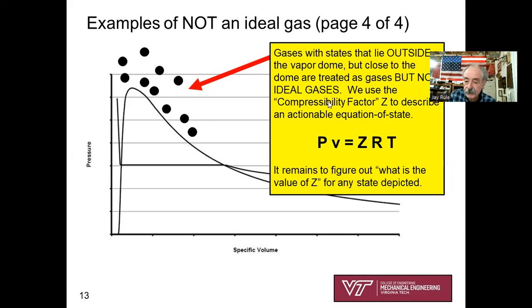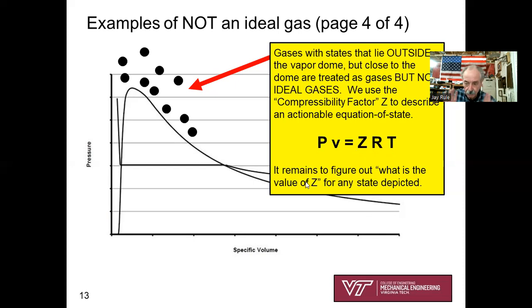We use the compressibility factor capital Z. It's a dimensionless number. And we use that to describe an actionable equation of state for what we might call a real gas. The equation of state is PV equals ZRT, where Z is a dimensionless number.